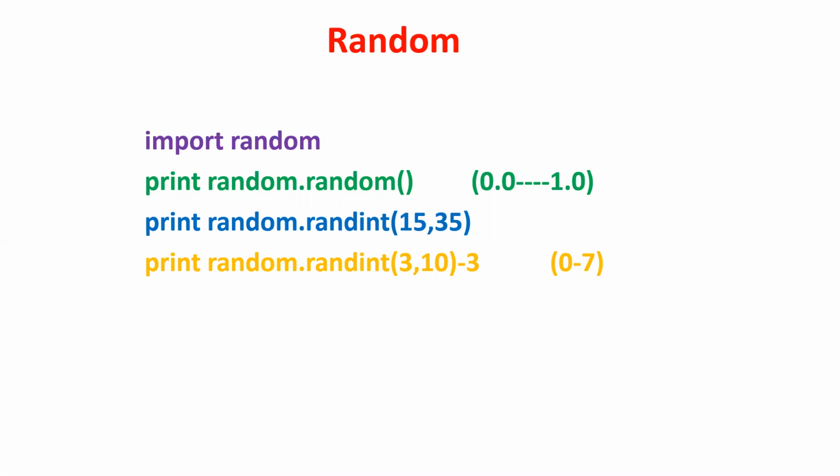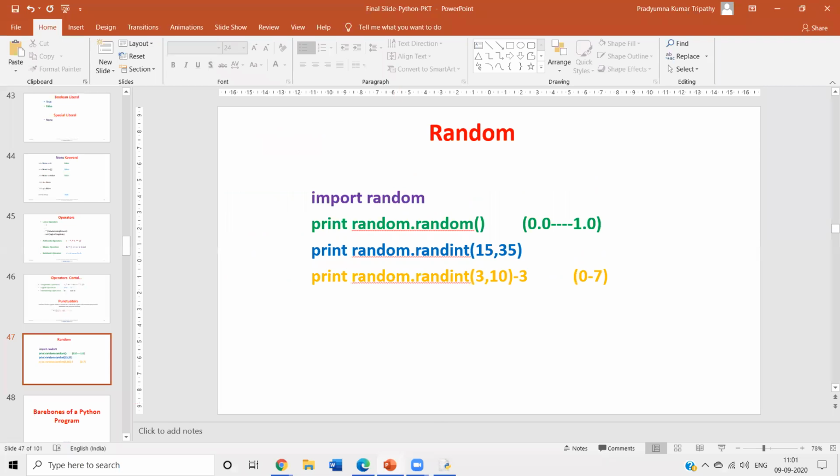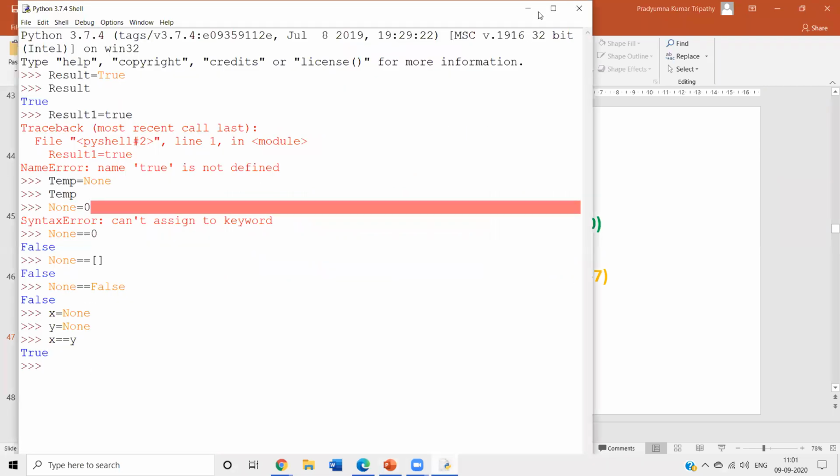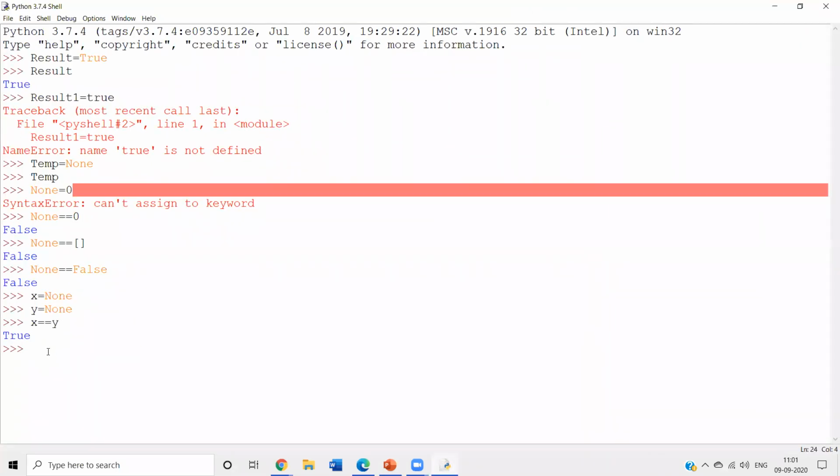If we want to generate a random number, what I'll do is just write import random. That will help you to generate a random number.